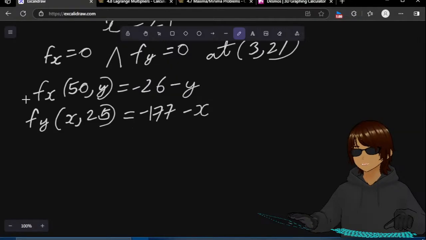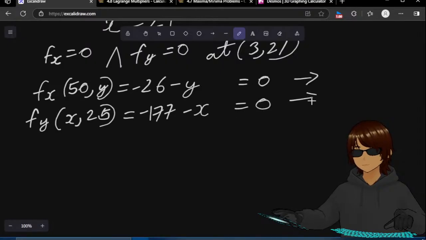So what is the critical point here? This is not possible.